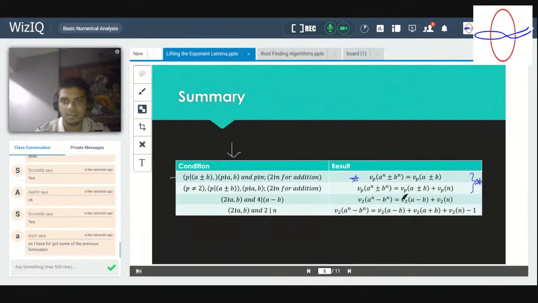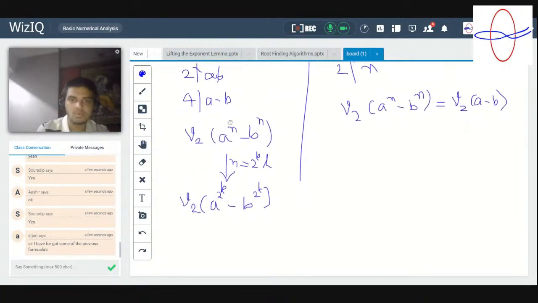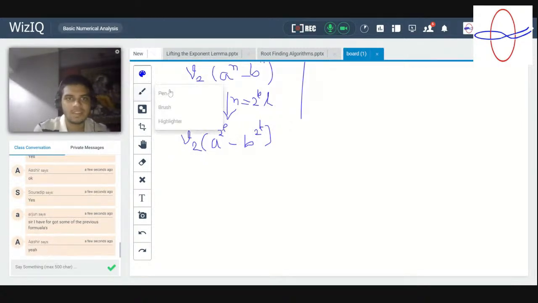So what you need to remember, Arjun, I have a list of it here, but in this case, this should be the only one I use, this and the multiplicative formula. So vp of a times b is equal to vp of a plus vp of b, right? So do make sure that you go back and either read or watch some material to remember this.